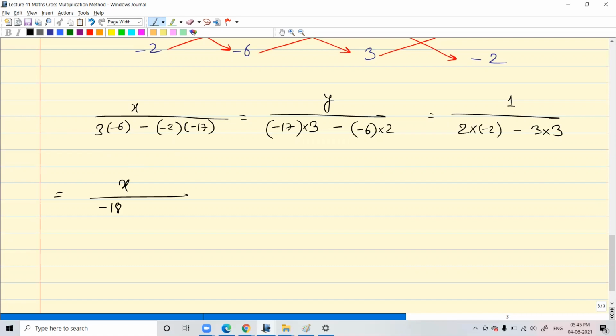And what about this guy? 17 2s are 34 and it will become negative 34. Is that correct? This one is, and the last one.